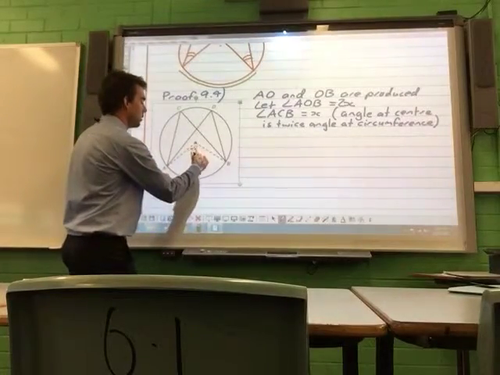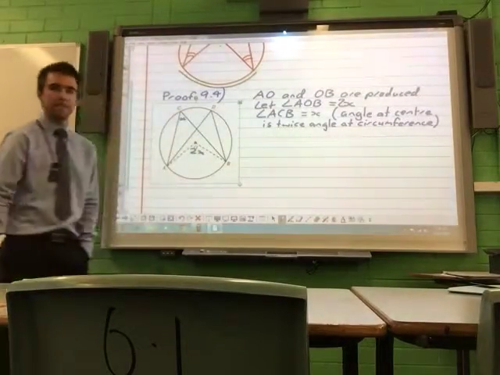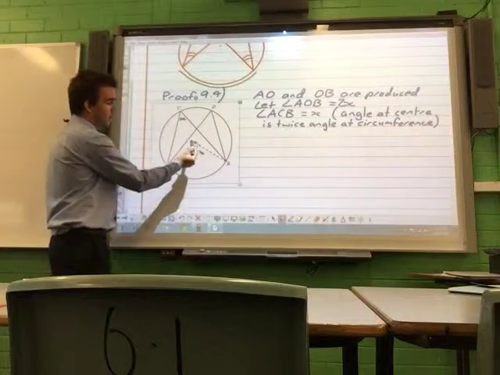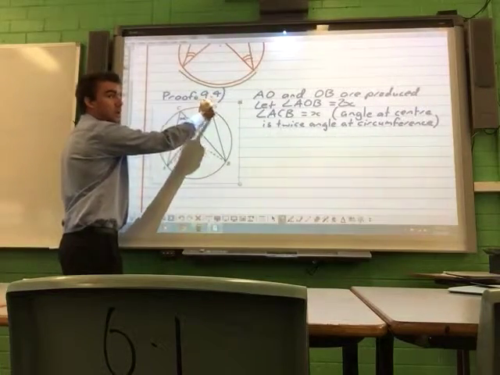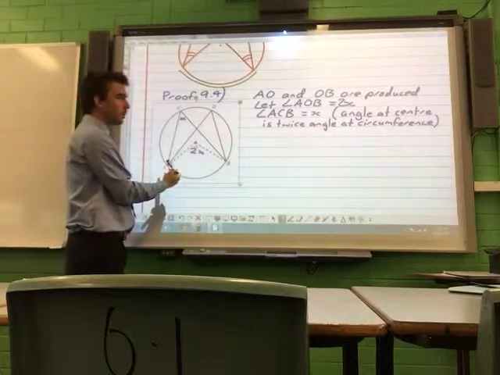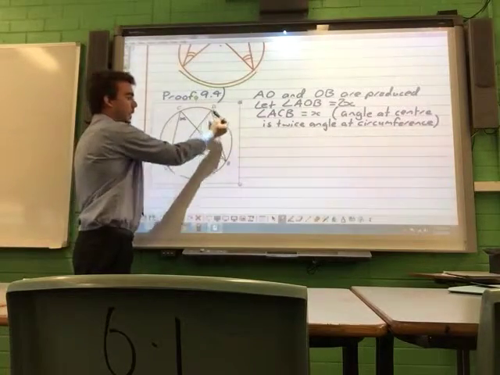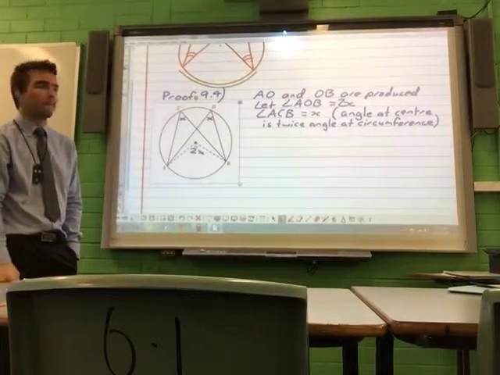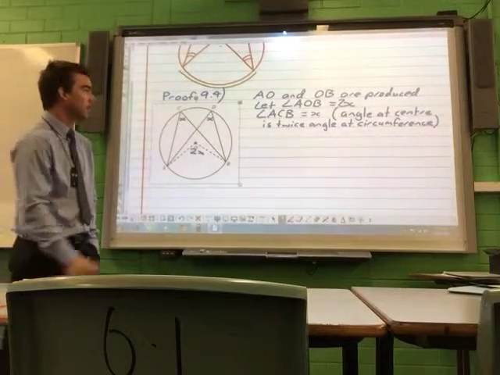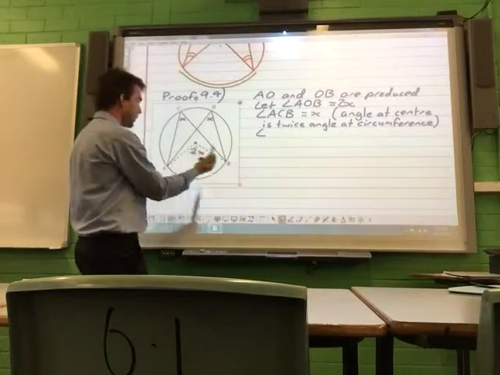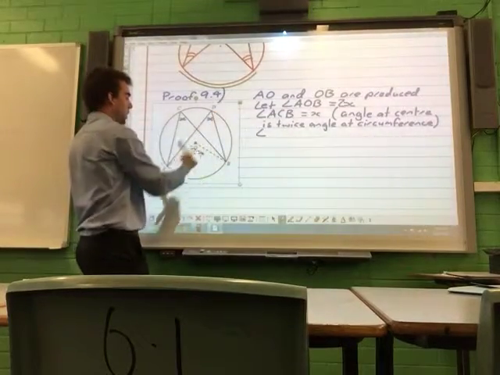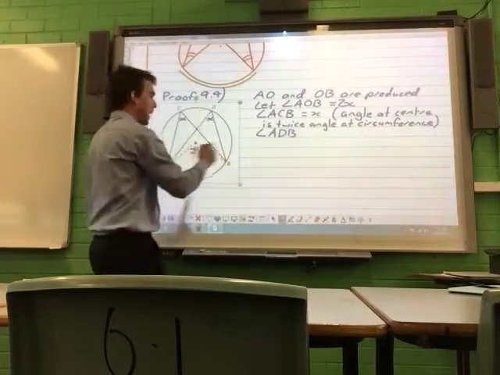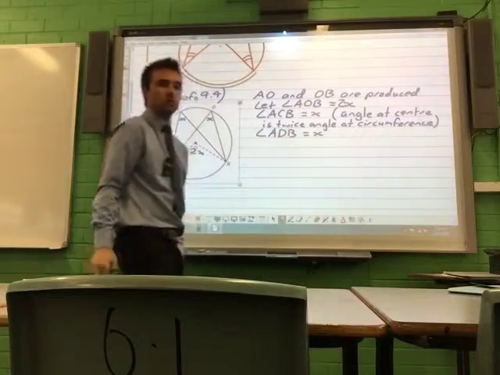Alright, so we've said this here is 2x, we've said this is x. Okay, again, radii out, we picked a new common point D on the circumference. We've joined the end of the radius of each side up to that common point. This angle here is also going to be x for the same reason as the other one. So angle, let's make sure we're notating angles correctly. The middle letter is the vertex, ADB, or BDA. It also equals x.